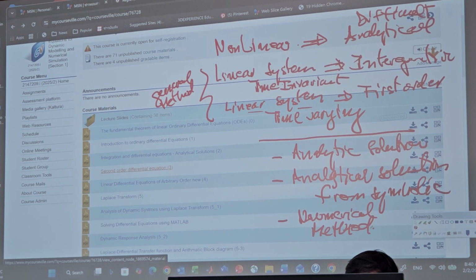Sometimes we call it the graphical method, because you have graphical output. For the numerical method, I give you two methods.